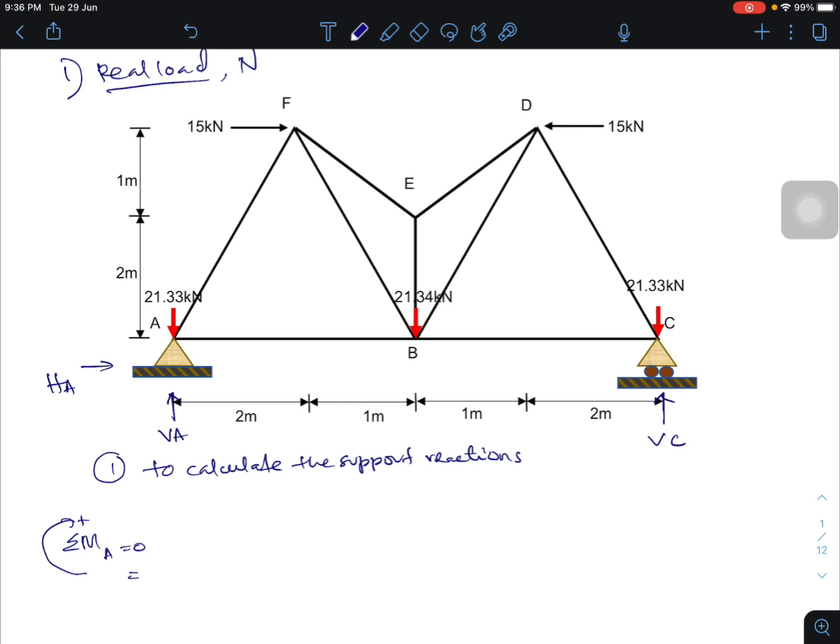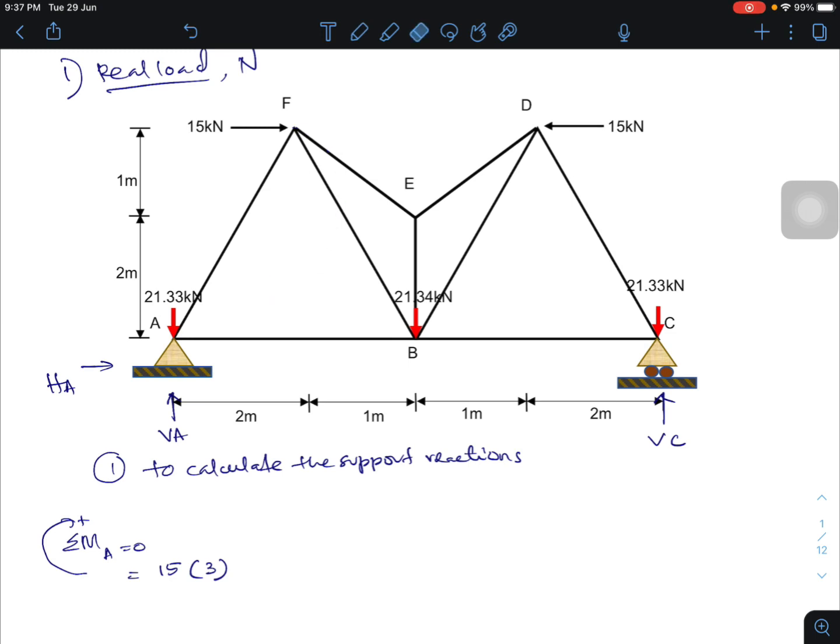If we take moment at A equal to 0, we can directly identify the vertical reaction at C. So, we look at this load, 15 kilonewton at joint F. This load will rotate clockwise about joint A, so 15 times the vertical distance from F to A of 3 meters.